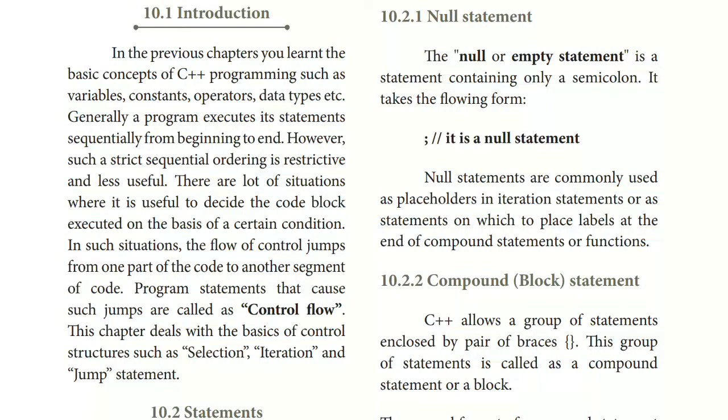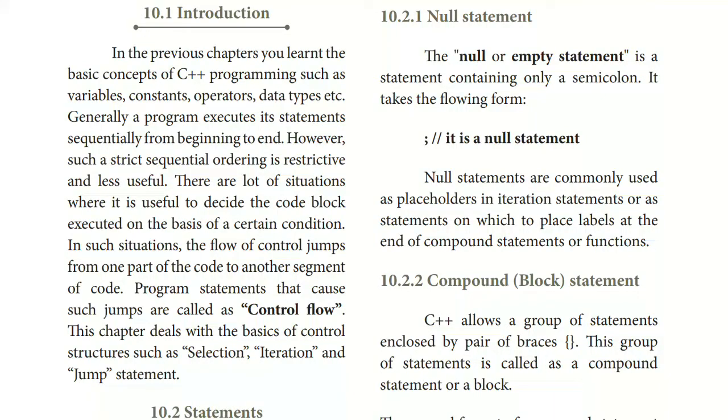So this kind of jumping the control from one segment of the code to another segment of the code is known as control flow. So you can create this kind of jump just by using these conditions. Okay, based on the condition, if the condition is true, then the particular statement will be executed.